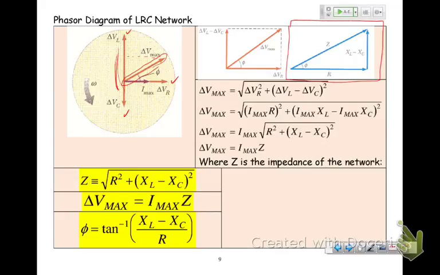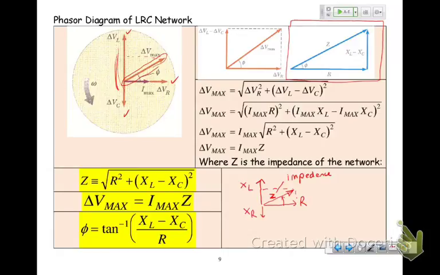Okay. So you have your XL, you have your XR, and you have your R. And when XL is bigger than XR, your overall resistance, which is called Z, which is impedance, is in a positive angle direction.